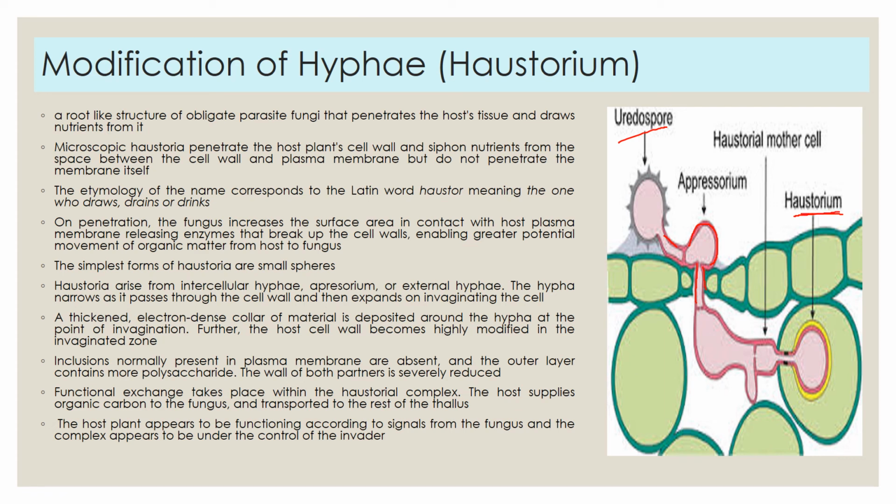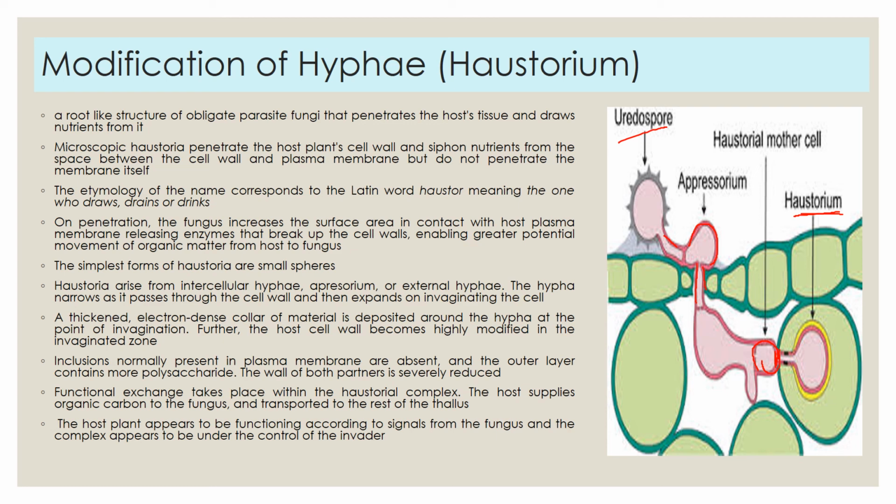It is developed from the tip of the growing hypha, and here the haustorial mother cell secretes certain chemicals, that is extracellular matrix chemicals, that dissolve the cell wall of the host plant. Here we see that the cell wall of the host plant is dissolved, but not the plasma membrane. So once the cell wall is dissolved, the hypha pushes the plasma membrane and grows inside the cell.